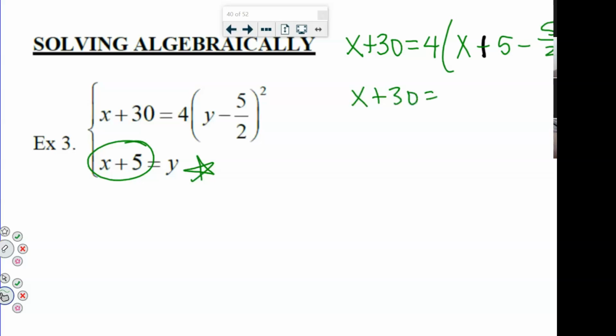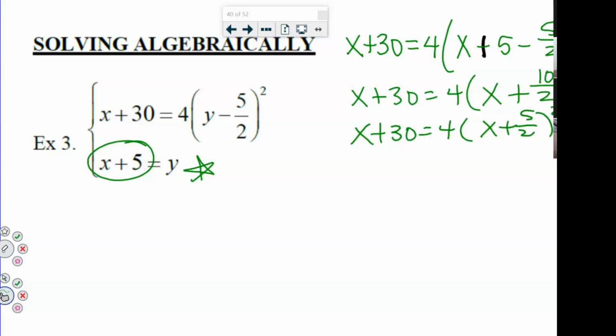I need to clean up what's going on inside those. Think about order of operations.